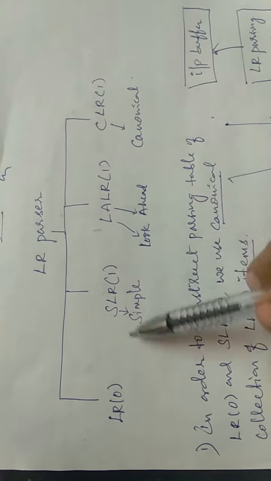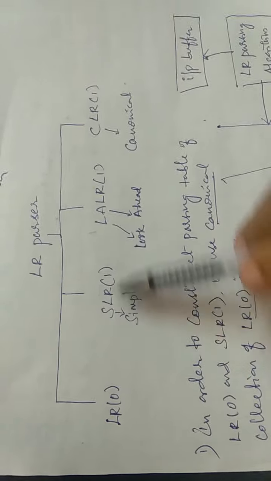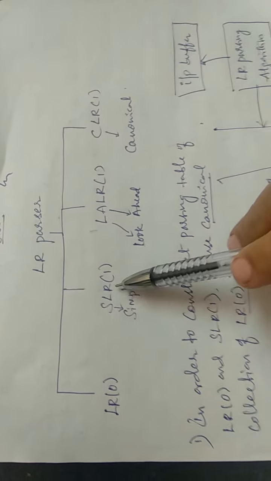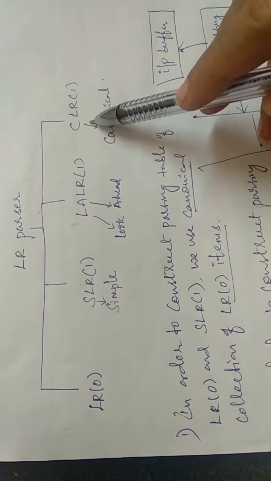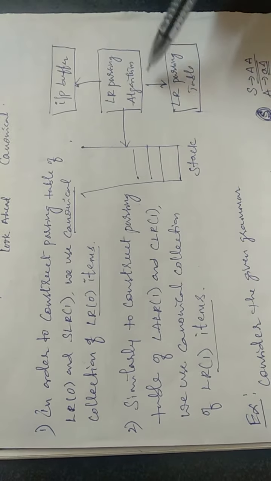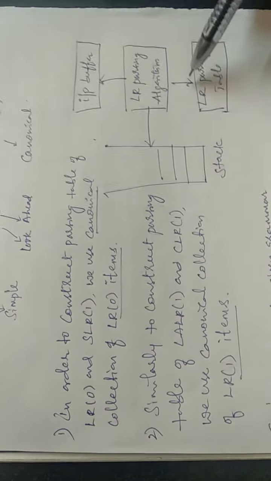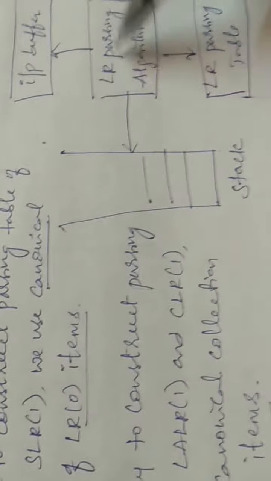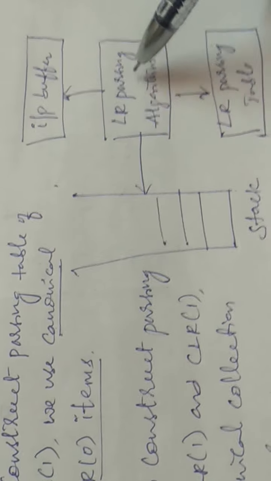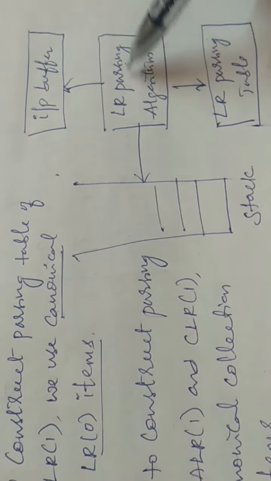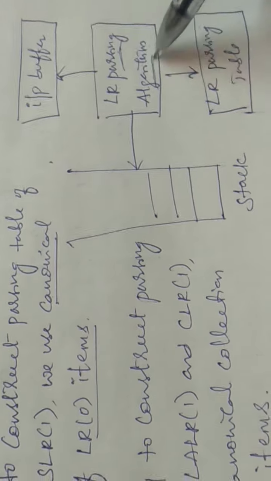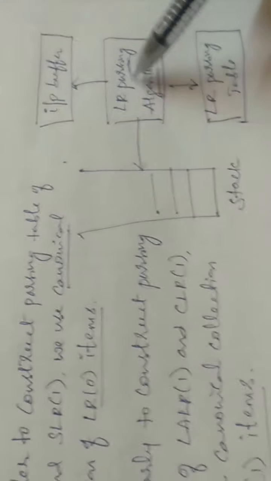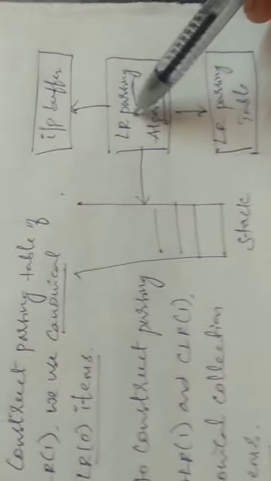Now, in order to construct the parsing table for LR0, SLR1, LALR1, and CLR1, we need this diagram. We can call it a flow diagram or the structure of the parser. In between I have written the LR parsing algorithm. This parsing algorithm will be common for both the LL parser and the LR parser.